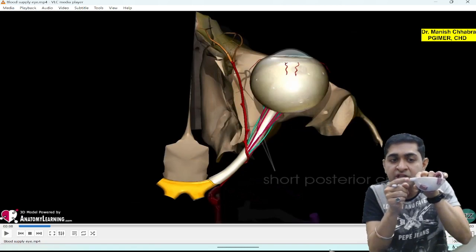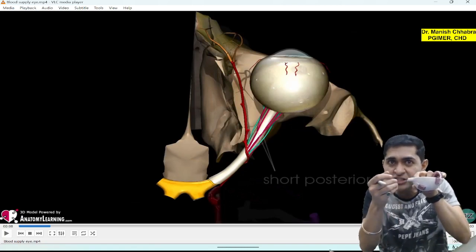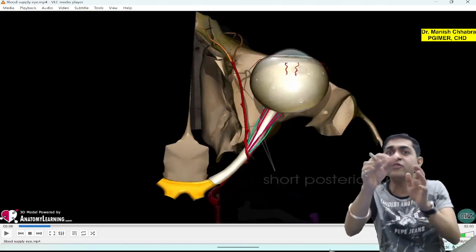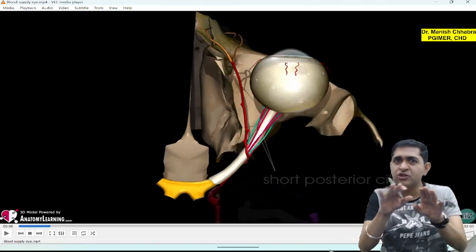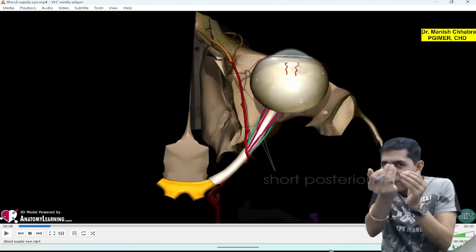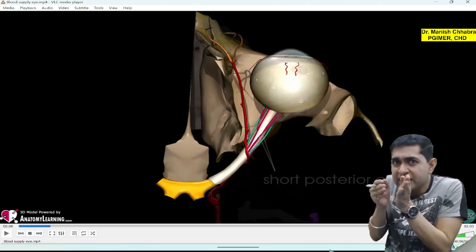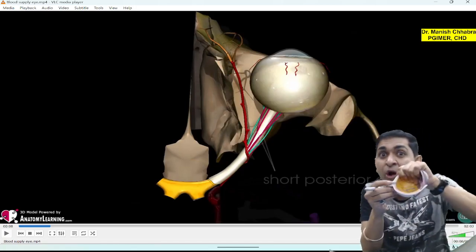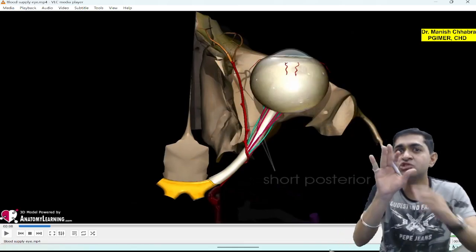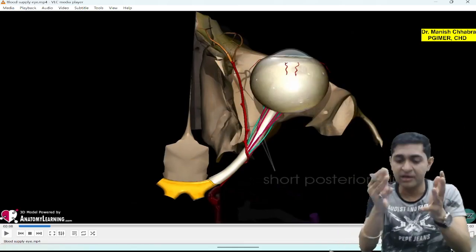The central retinal artery enters just 1 centimeter before. Normal is 8 to 15 millimeter. On average, we take it as 1 centimeter, meaning 10 millimeter. So at 10 millimeter before, it enters the optic nerve, and then it comes to the retina and supplies the retina.